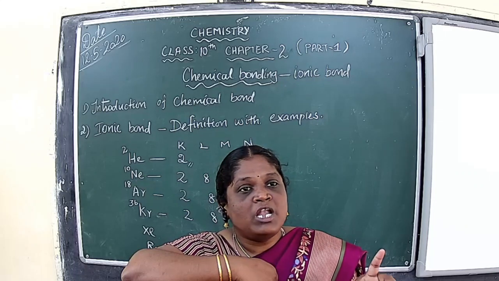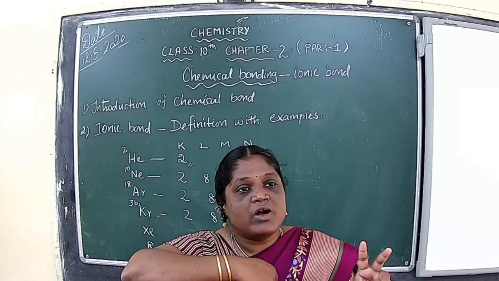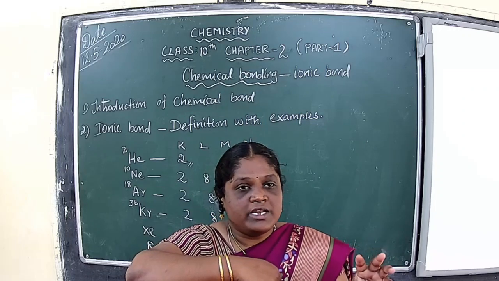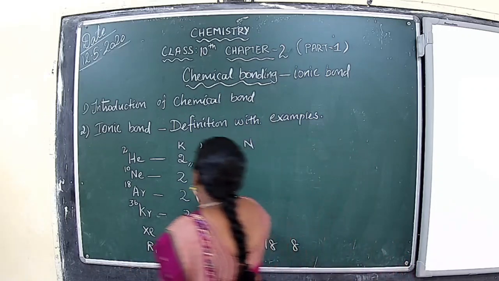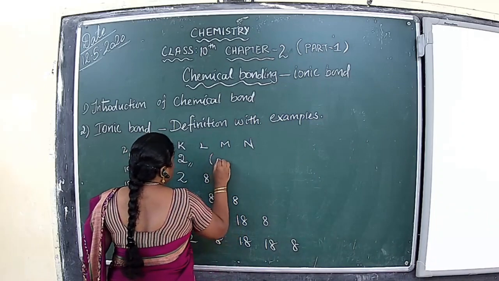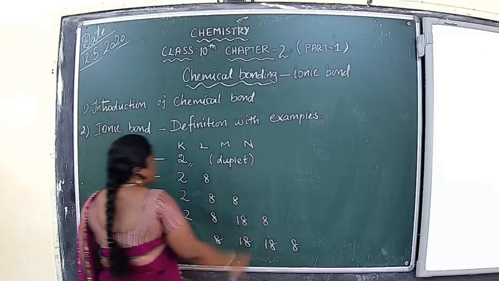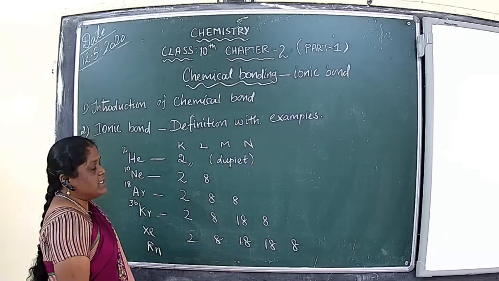Helium has only one shell. If it has 2 electrons, we name that a doublet.